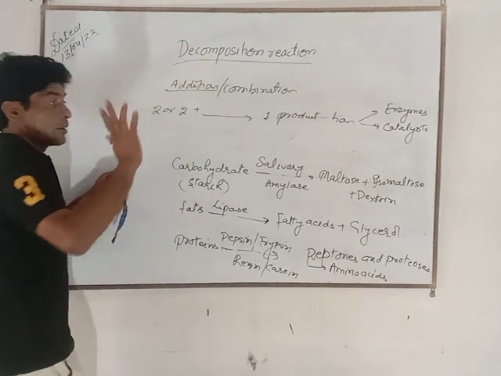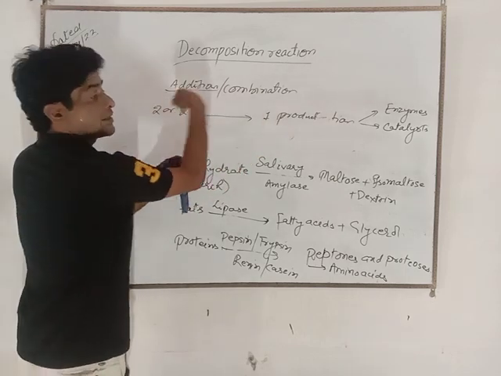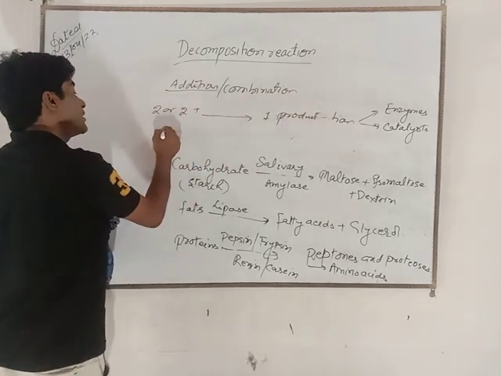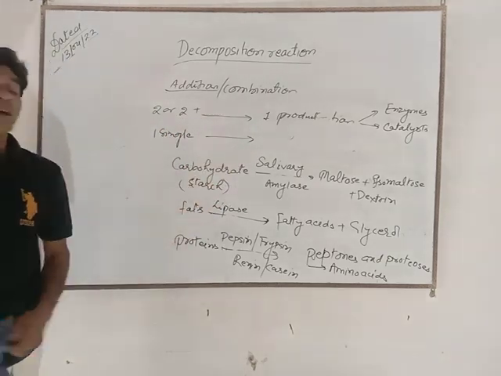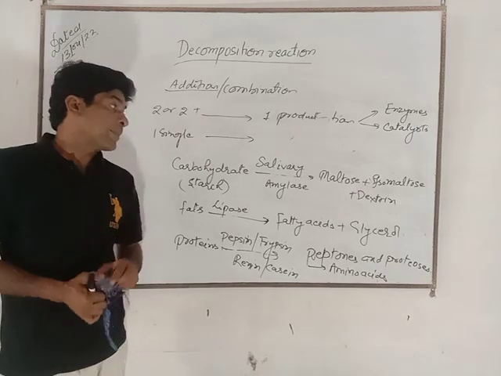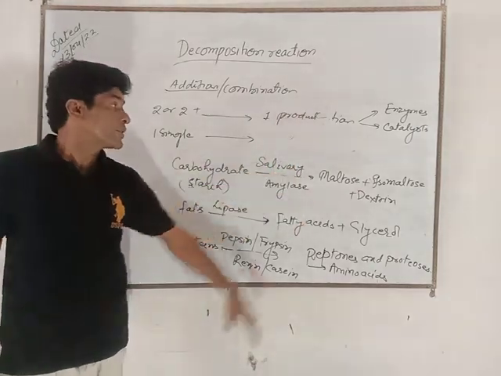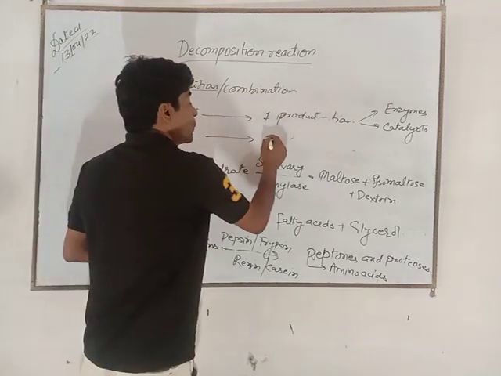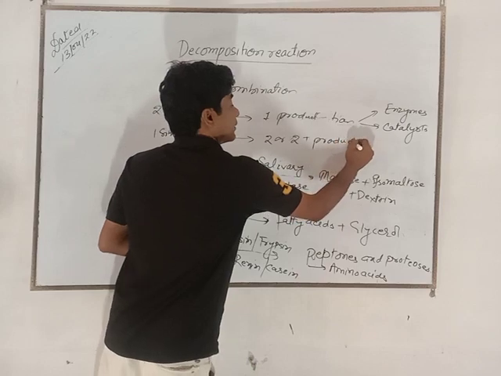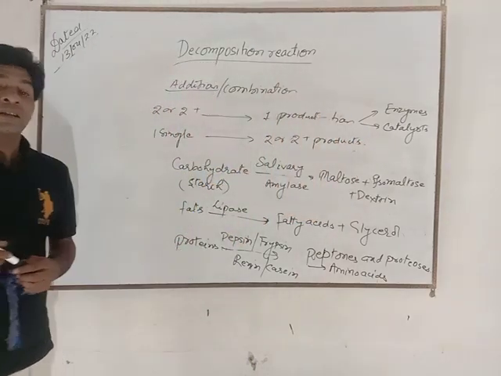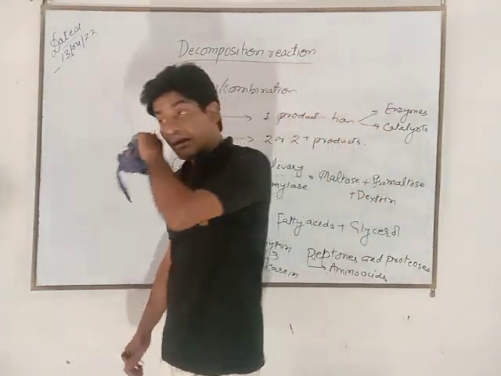Only one product. But here, if RHS is taken as LHS and LHS is taken as RHS, then one single substance, by breaking agents, that may be anything, whether heat or sunlight or electricity or biological decomposition, changes into 2 or 2 plus products, right? Then this is about the decomposition reaction.